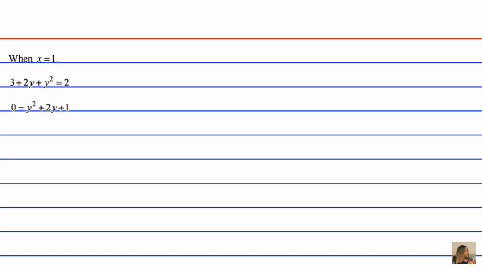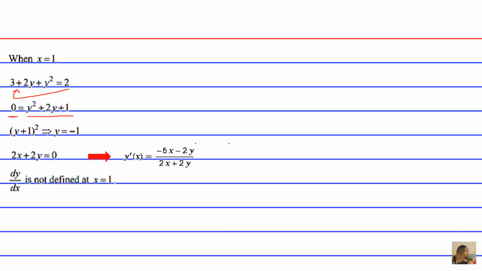So we get that 3 plus 2y plus y squared is equivalent to 2. Now what you can do is carry 2 over to the left-hand side, and you can just rewrite and flip everything, so you get that 0.